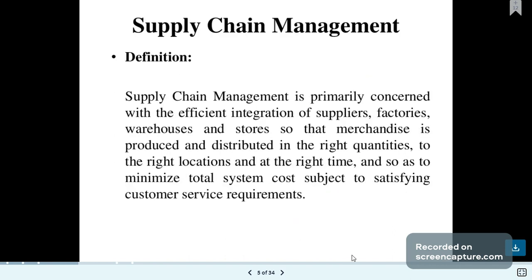Okay, and if we are talking about supply chain management, looking for the definition, supply chain management is primarily concerned with the efficient integration of suppliers, factories, warehouses, and stores, so that merchandise is produced and distributed in the right quantities to the right locations and at the right times, so as to minimize total system cost subject to satisfying the customer service requirements.